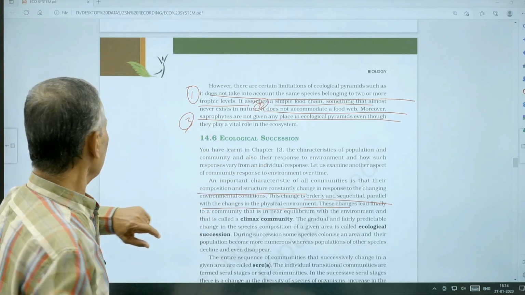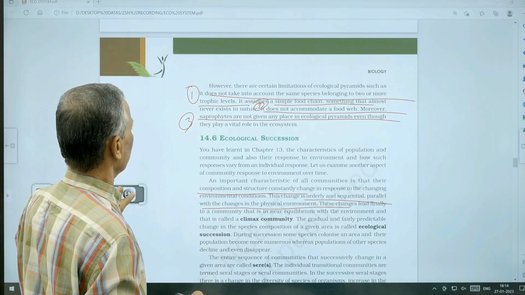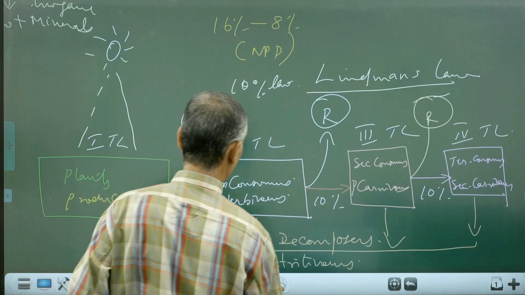Okay, there are two types of successions.